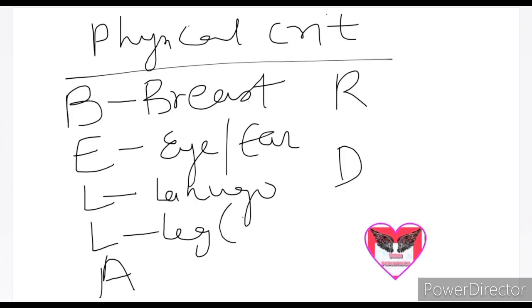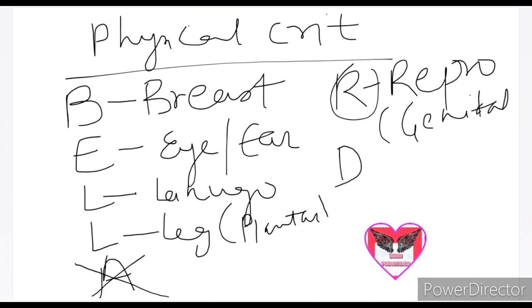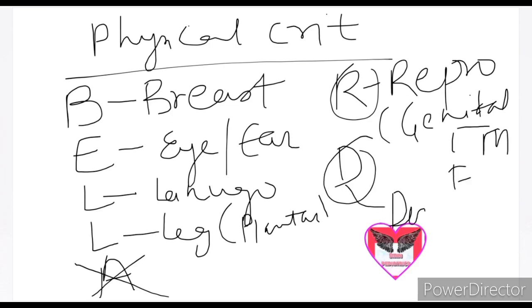Here leg means plantar surface of foot. A here is nothing. R here is for reproductive system. Here we look at the genitals, male or female. And D for derm, which means we look at the skin.